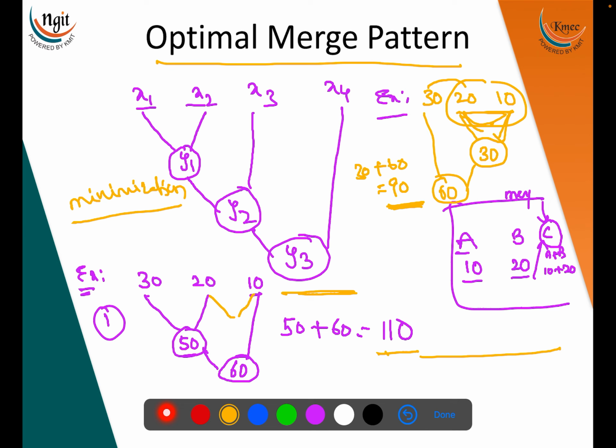Performing the merging operation between low-element files, with a low number of records, gives you the optimum solution. So the second merge pattern is faster than the first merge pattern. So you are going to apply the greedy method on this problem, and we'll solve it by taking an example.